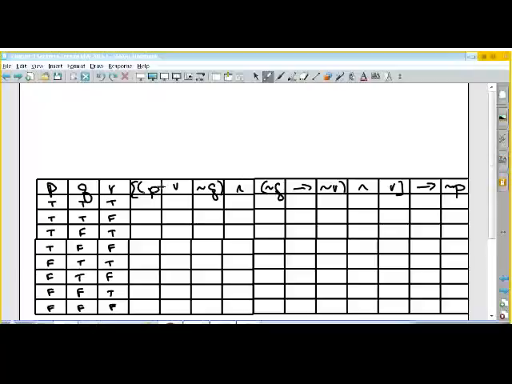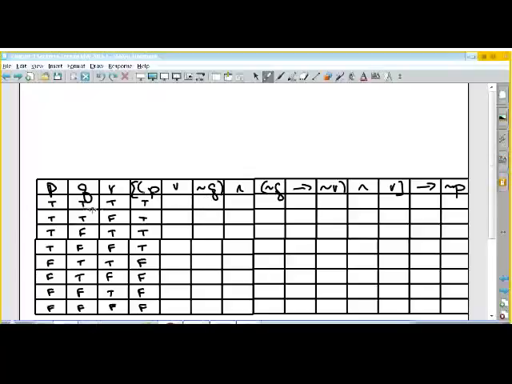Okay, so now we're going to do the 6 columns that involve P or not P, or Q and not Q, or R and not R. So here we just have P, so we're going to copy what's down from the P column, which is 4 trues and 4 falses.